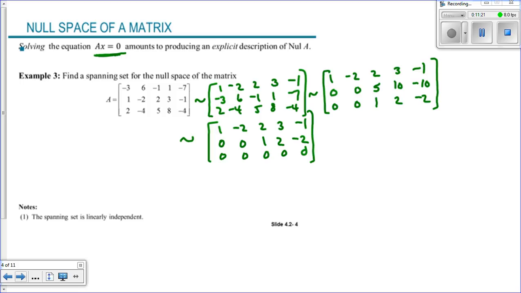I have other free variables. Let me go ahead and take it one more step to get it in reduced row echelon form, which just means I need to zero this out right here. Okay, so negative 2 times row 2 added to row 1.